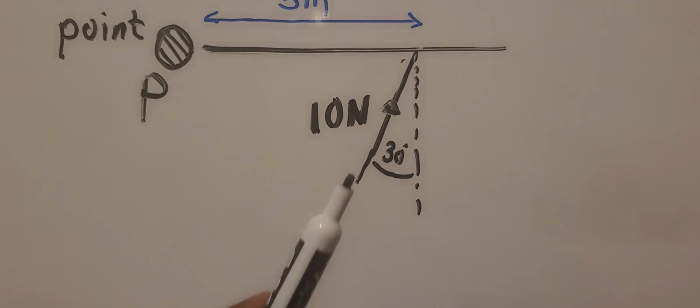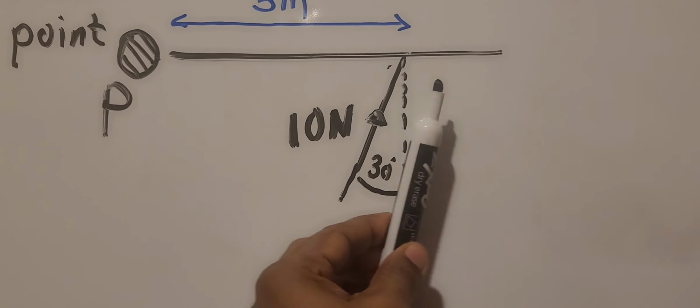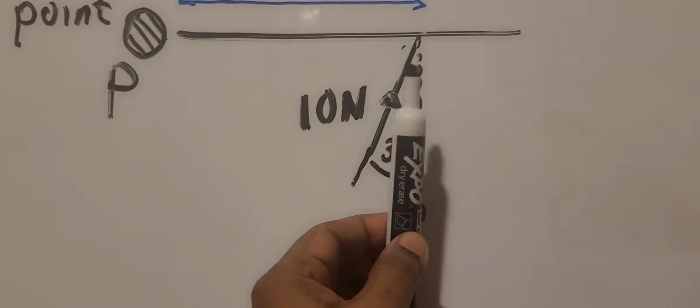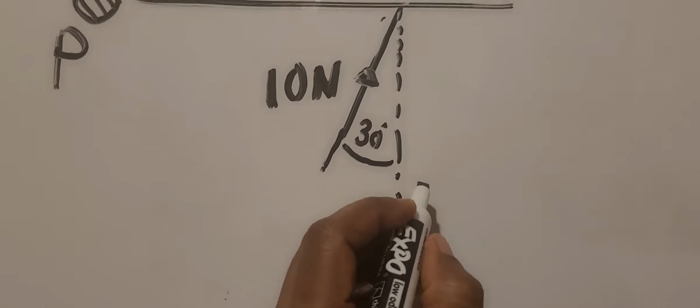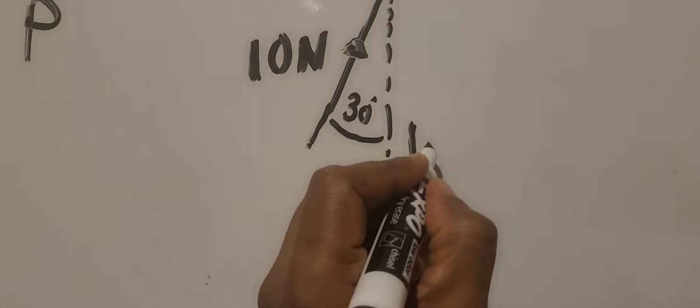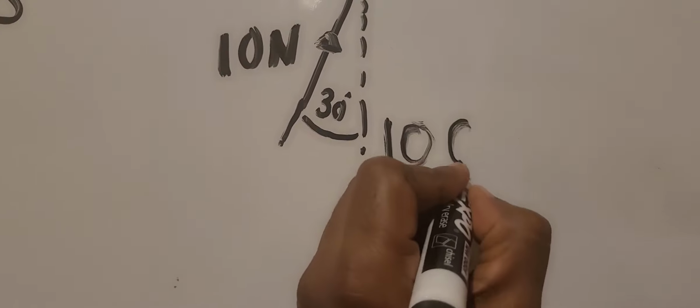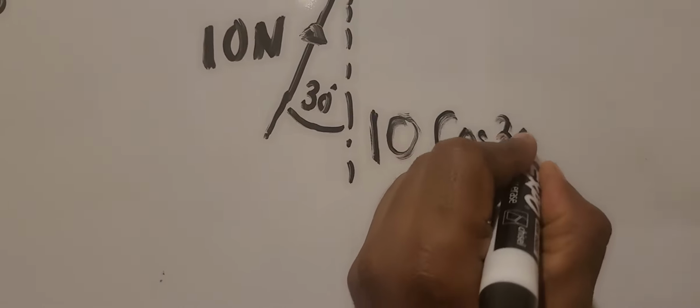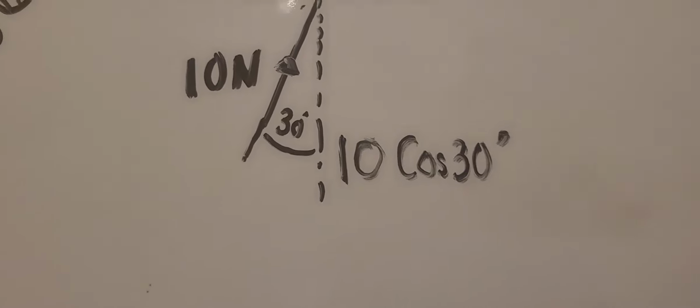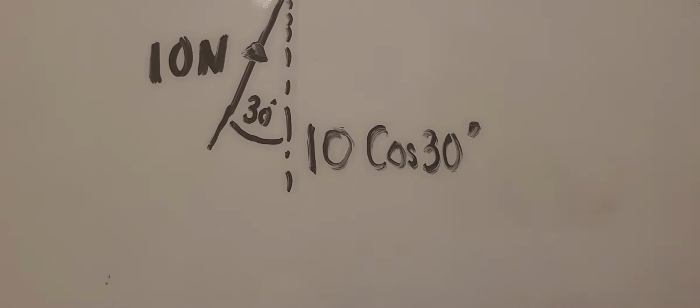So how do we find this component of the 10 Newton force? If you remember your trig, that's going to be 10 cosine 30 degrees.